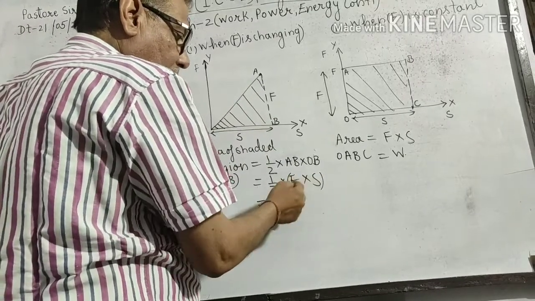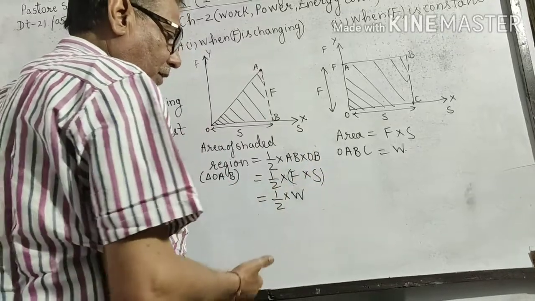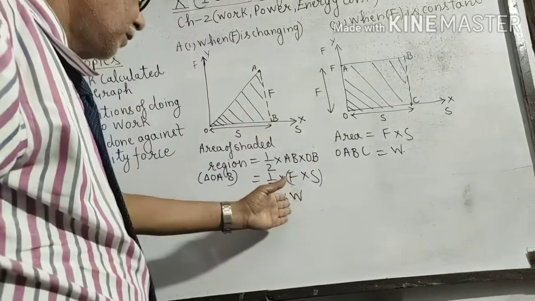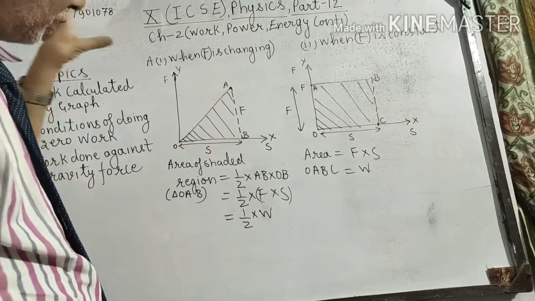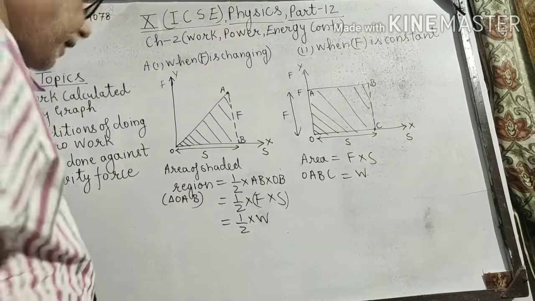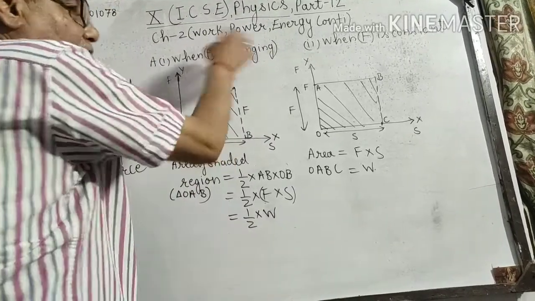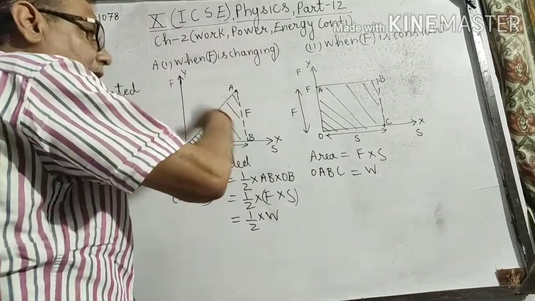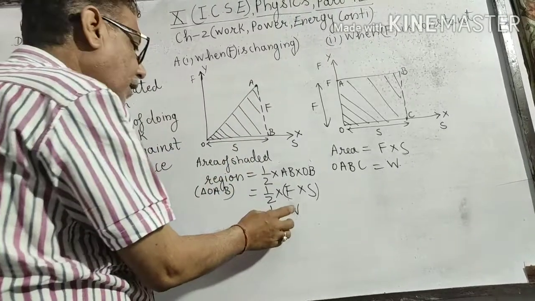And what is the relation of this thing? F into S, force into displacement. It is work. So in this graph, I want to demonstrate how to calculate the work when the force is variable. You just calculate the area of the shaded region and you are able to calculate the work.